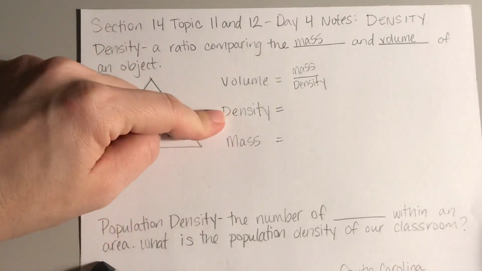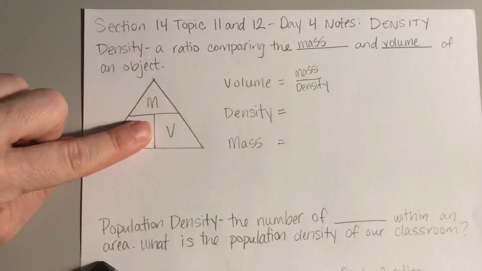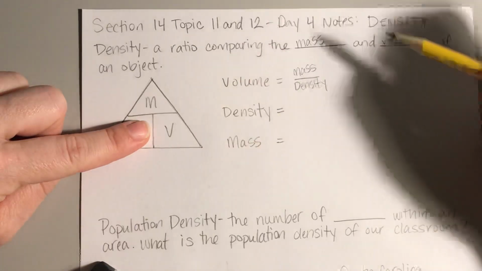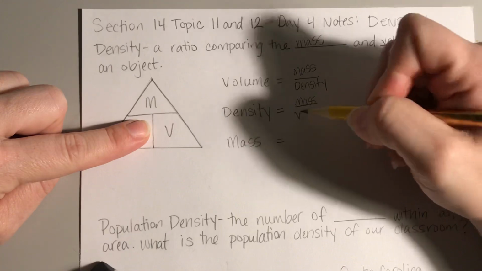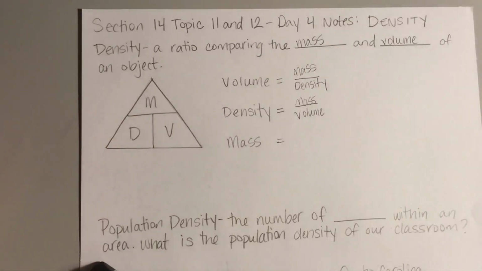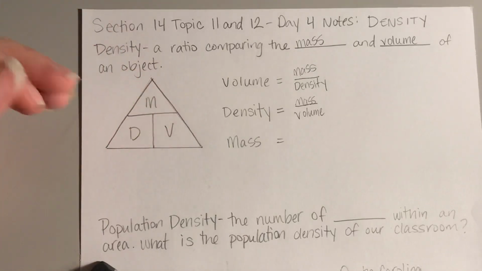If we wanted to solve for the density of an object, we'd cover that one up, and what's left? Here we have the mass over the volume. So mass over volume. All right, so when one variable is over the other, that's division.